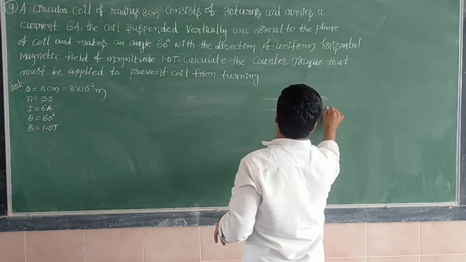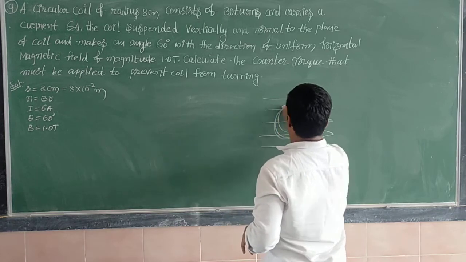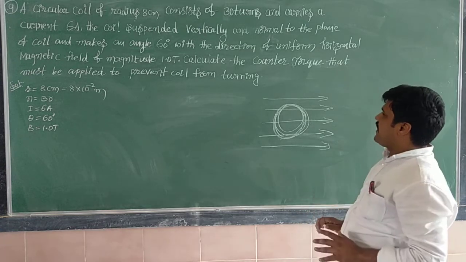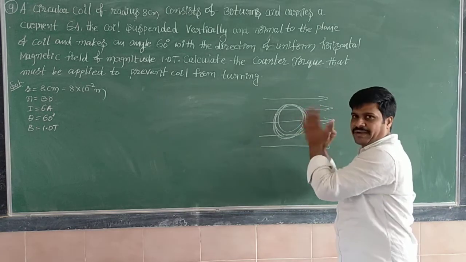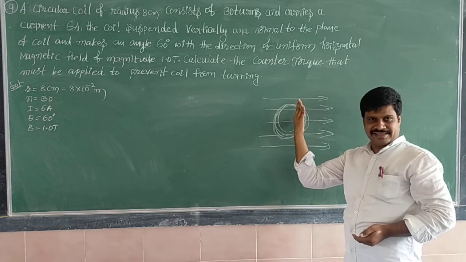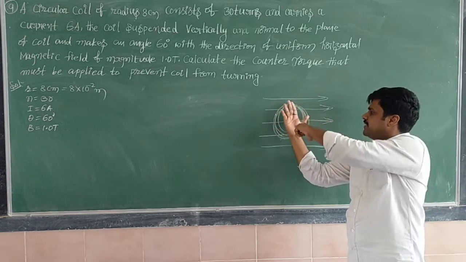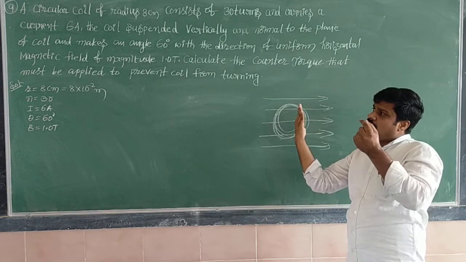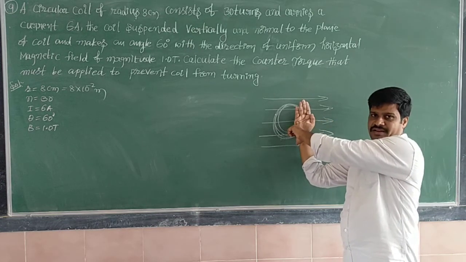Actually, whenever you place a current carrying circular coil in this magnetic field, because current is flowing within this coil, it undergoes a turning effect like this. Means the coil is there like this, it is going to turn like this. That means it should not turn like this. It has a turning effect in this direction. What is the opposite torque we have to apply on this coil to stop the turning?